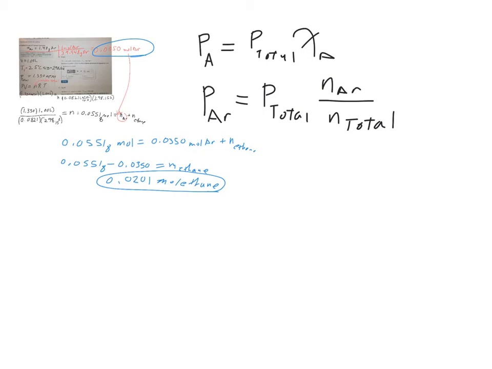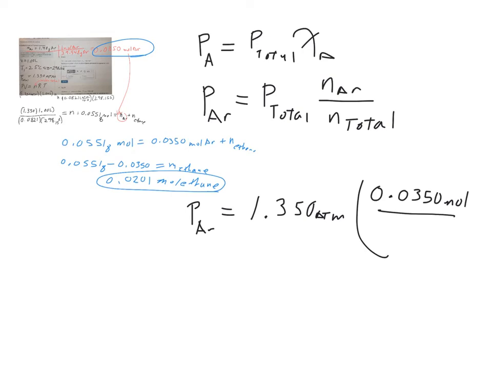So for this, it would be pressure of argon is equal to our total pressure, which is 1.350 atm, times our number of moles of argon, 0.0350 moles, divided by our total number of moles, that one right there, 0.05518 moles.